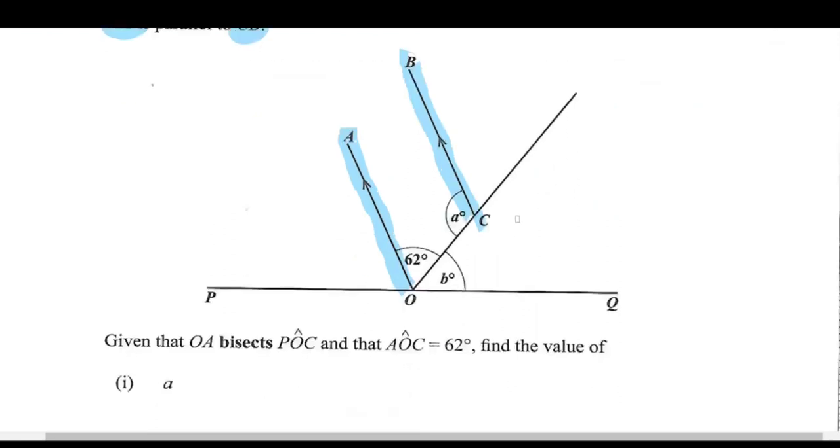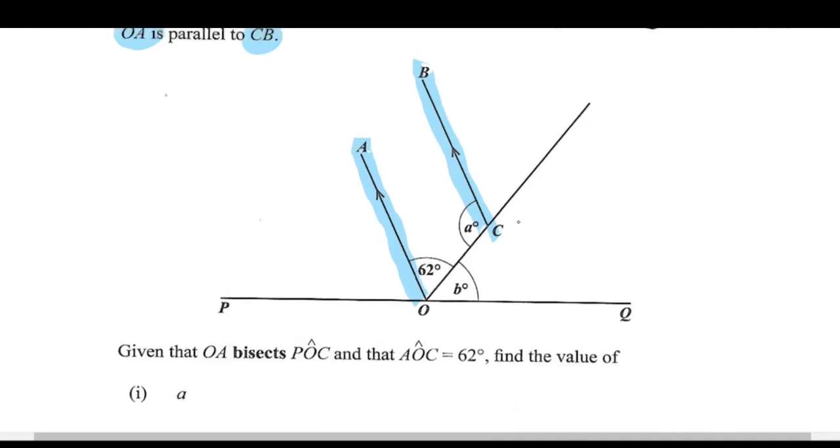We're looking at them. First question says, given that OA bisects angle POC and that AOC is 62, find the value of A. So they're saying here that the line OA, and you're looking at it, it's this line, bisects, which means to cut in two halves.